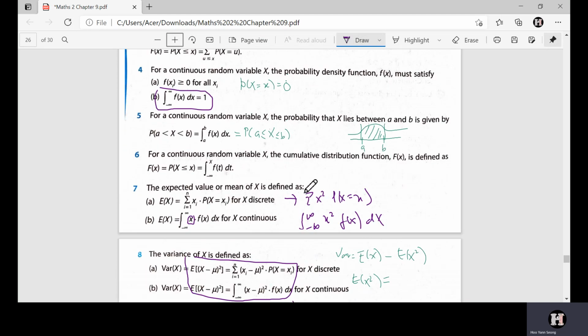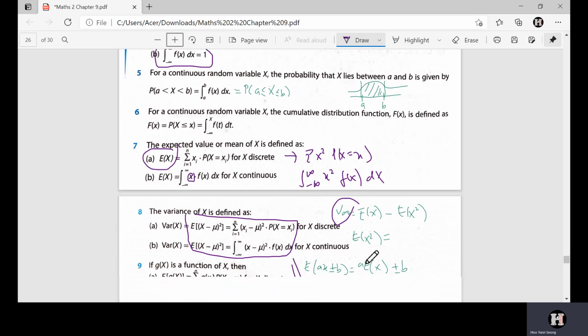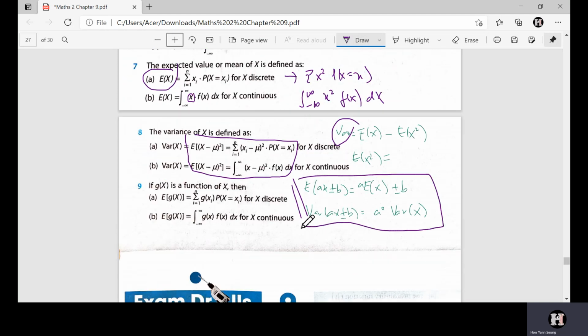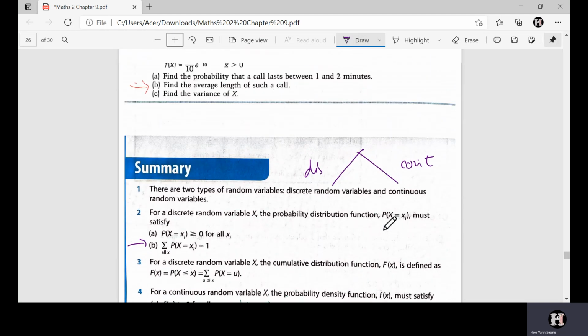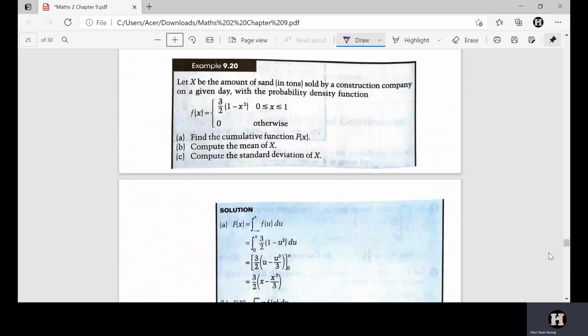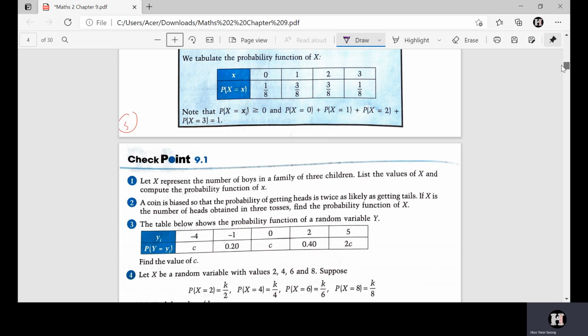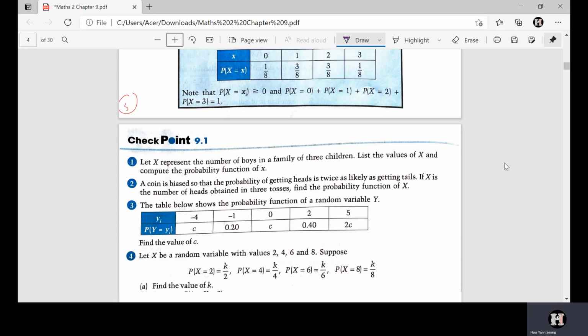And then how you find E(X) and variance. Using this type of information, this is basically all you need in your chapter 9. Now let us look at a few of the examples in this book.